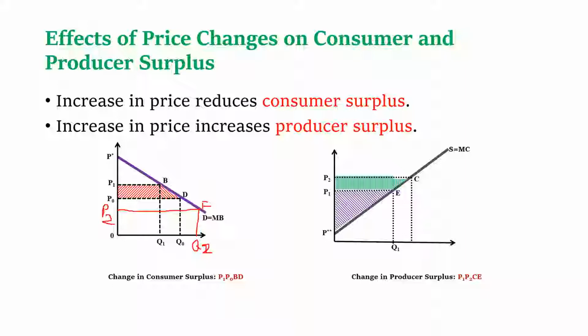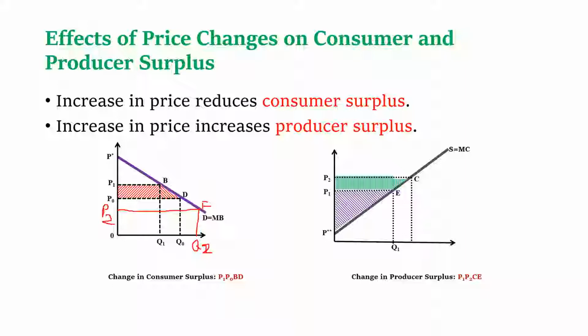Now let's look at the effect of changes in the price on the producer surplus. Since the producer, or the seller, is always out to maximize profit, it wants to get the maximum amount from the sale of his products.